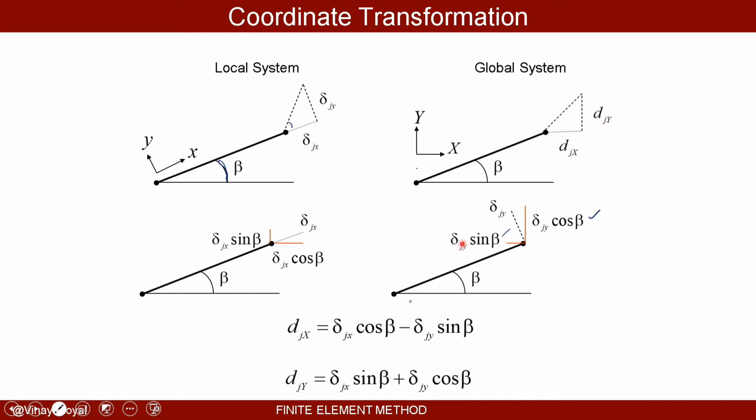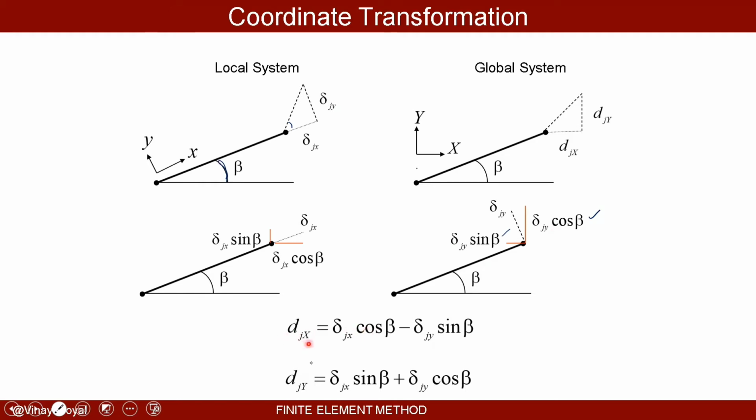Djy, which is here at the bottom, is equal to this component here, delta jx sine beta, plus this component, delta jy cosine beta. So obviously delta jx and delta jy both contribute to the y direction, and they contribute by this amount plus this amount, okay?